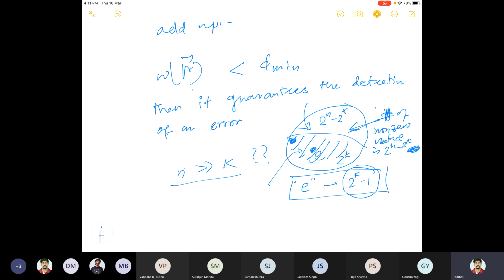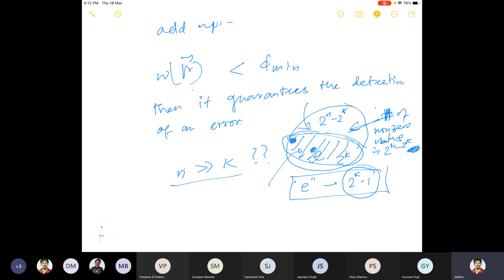Because the number of undetectable errors is less when n is very, very larger than k. So this is a brief idea about how many undetectable errors there can be.